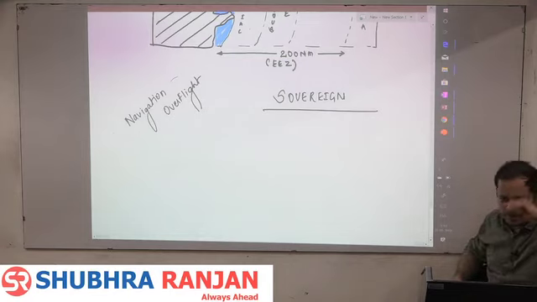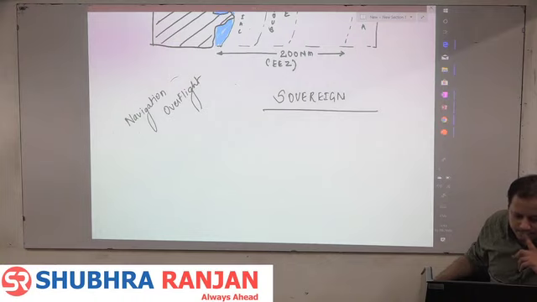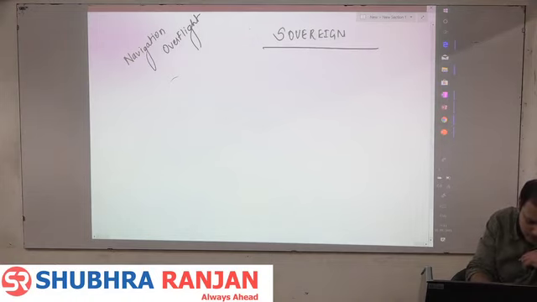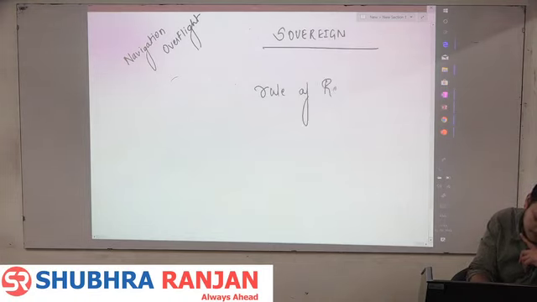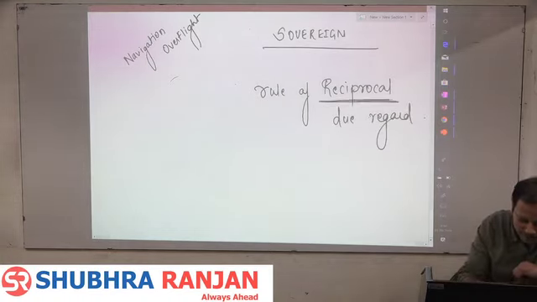Overflight means planes can fly, laying of cables and pipelines, and other lawful use with the rule of reciprocal due regard to the coastal state.